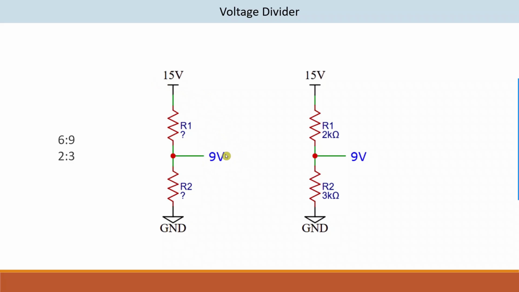That means we are losing 6 volt across this resistor, and we are going to lose the remaining 9 volt across this resistor. So we can write 6 is to 9. If you divide by 3, it will be 2 is to 3. So that means R1 will be 2K and R2 will be 3K.